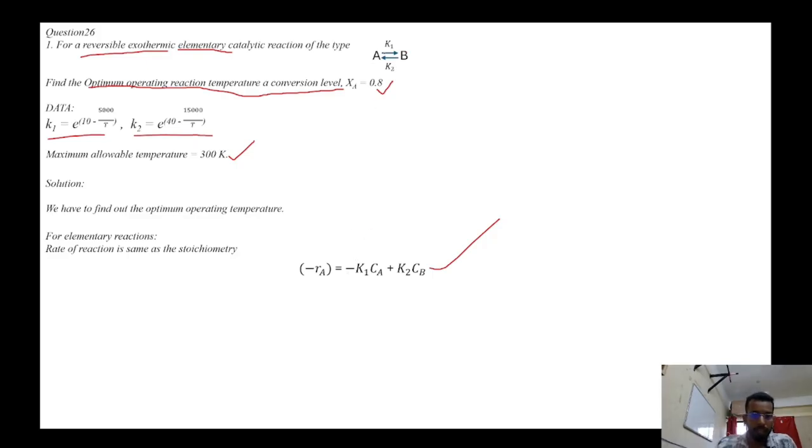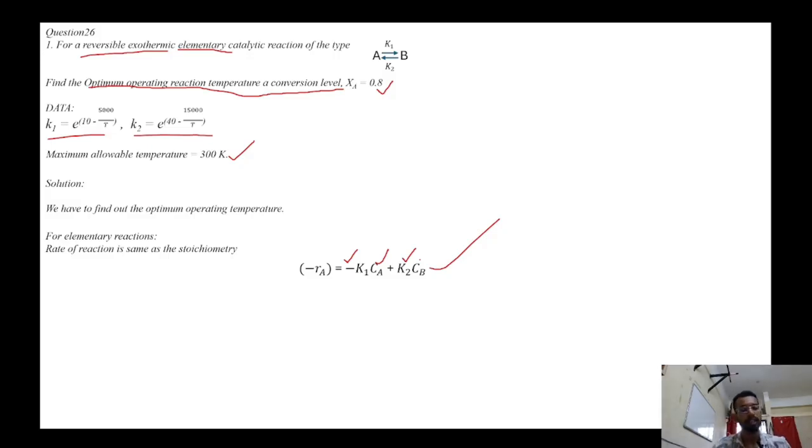The concentration of A is decreasing with K1, and since it is decreasing, the negative sign comes with K1, that's why minus K1 Ca. And the concentration of B is increasing with the rate constant K2, that's why I added K2 Cb. So that is the rate of reaction.